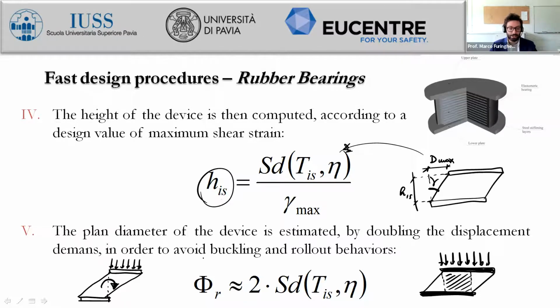So this is just a very straightforward rule, to consider the external diameter as twice the displacement demand. But it works for the most part for the most numbers of applications.